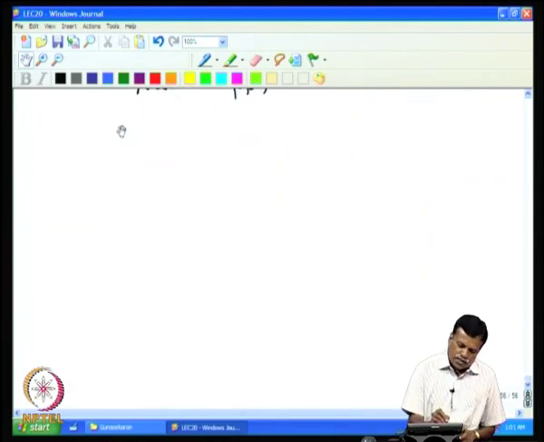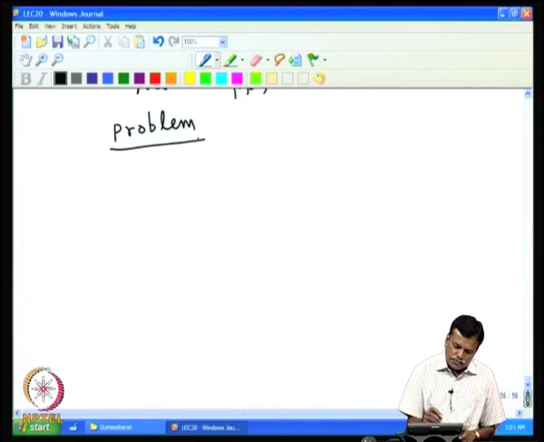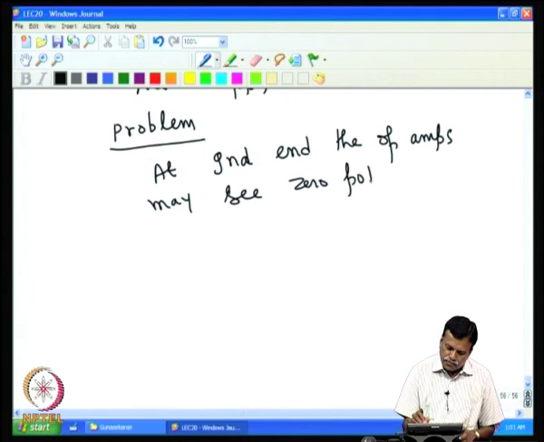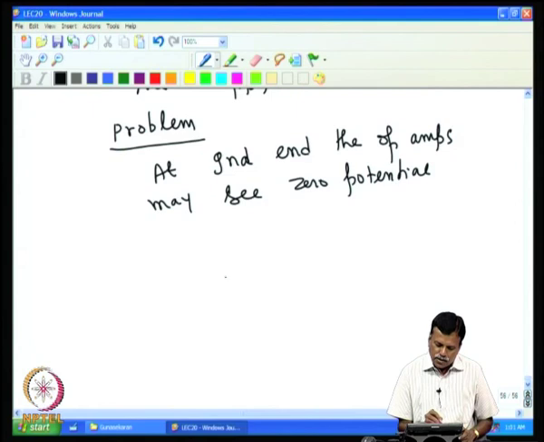So, the second issue, the actual problem, is that at the ground end, the op-amps may see 0 potential at 0 current.